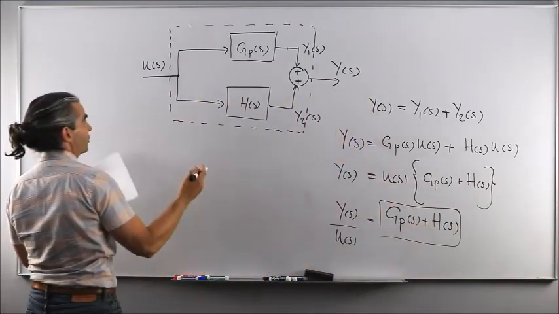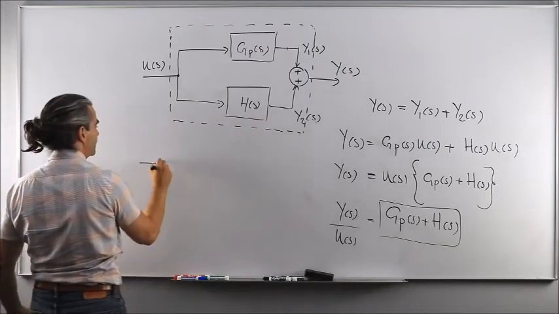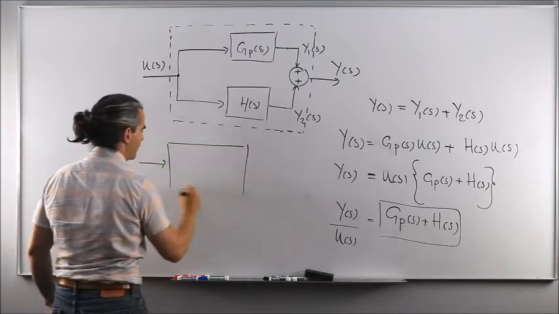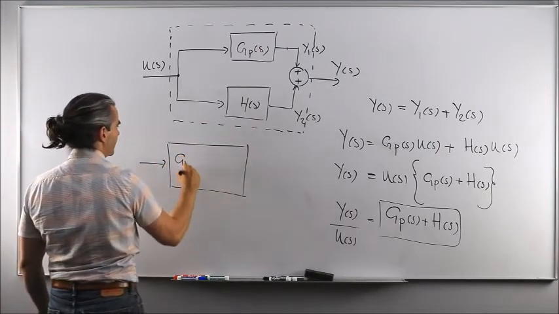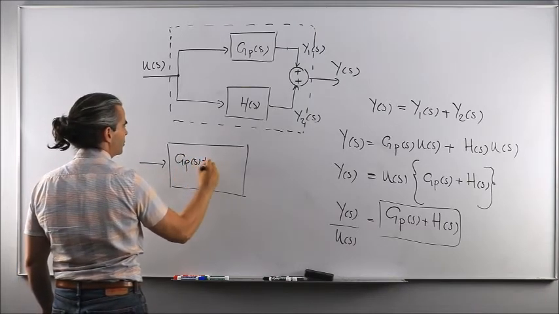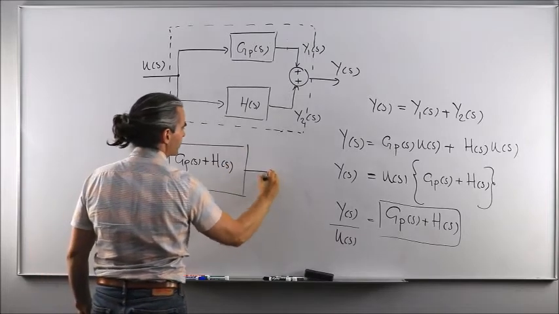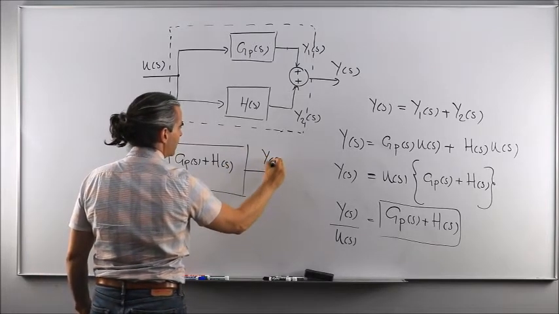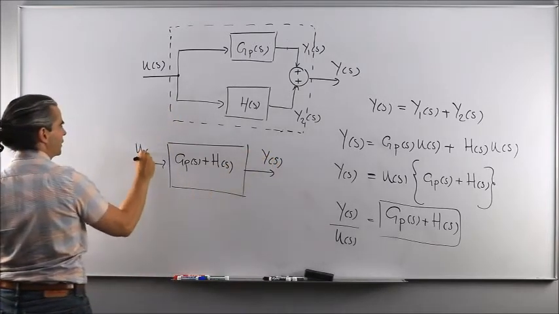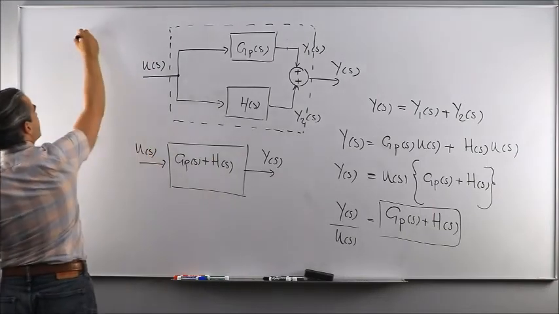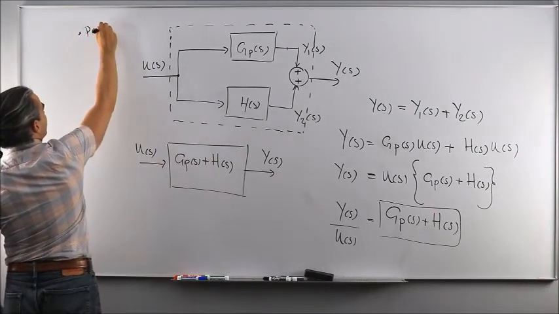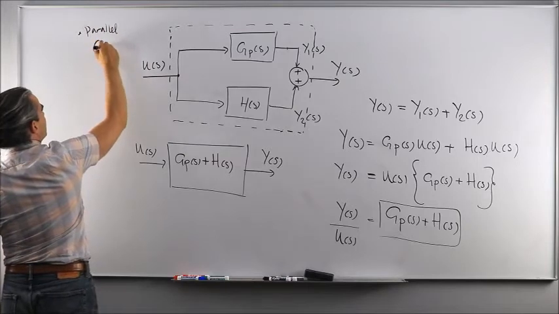So, in other words, you could replace all this mess by simply one box. That would be the summation of the individual systems here, or individual transfer functions. That would do the mapping directly between Y of S and U of S. And again, this is known as a parallel connection.